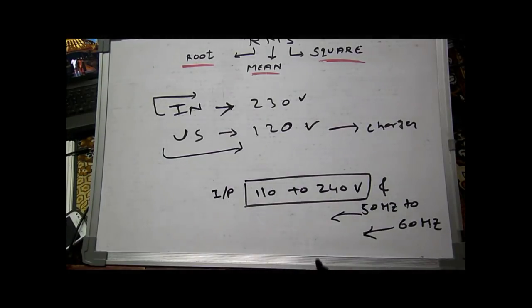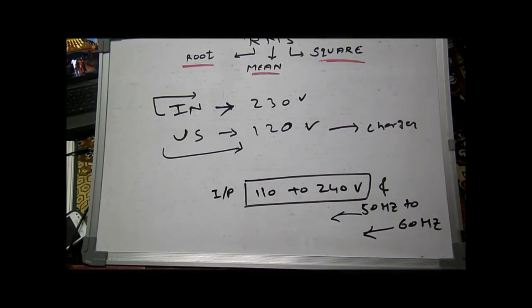So friends, this was all about AC fundamentals. In our previous video we saw all the concepts related to DC: what is voltage, what is current, and the direction of current.